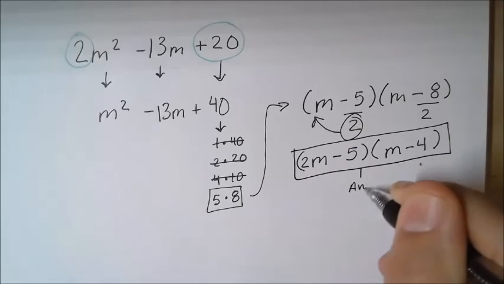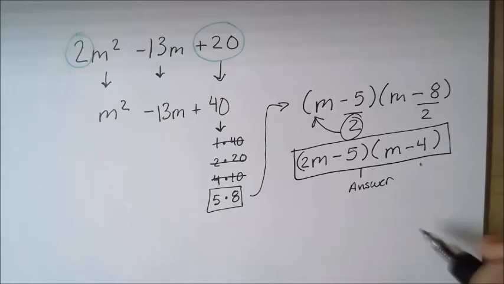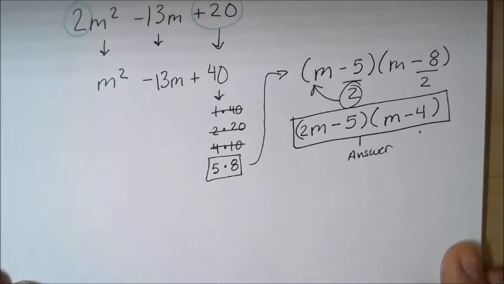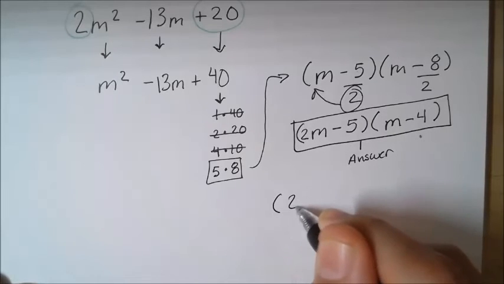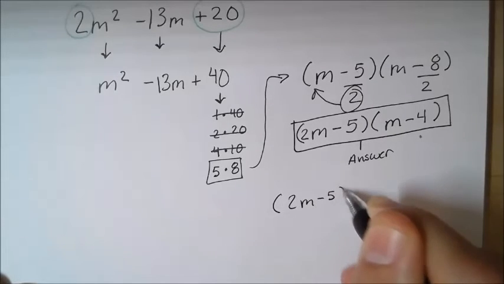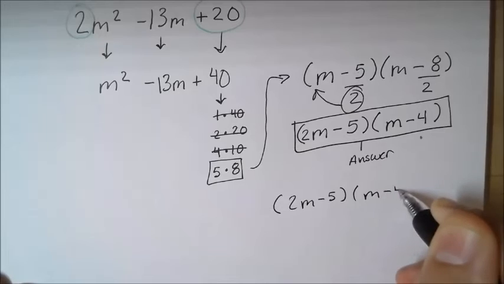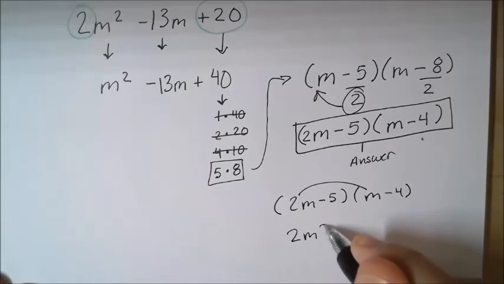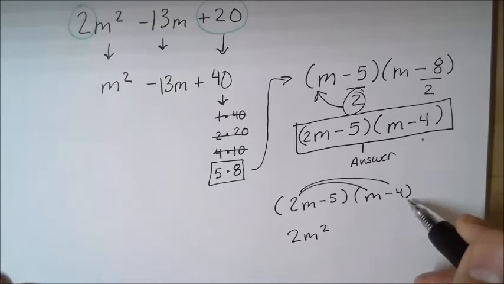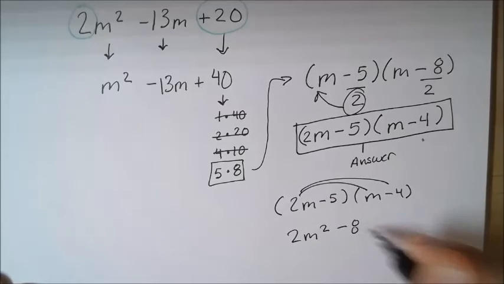So that's my answer. Now, do we want to check it? Well, we could. So let's check it. We could FOIL it real quick. We could say 2m minus 5 times m minus 4, and 2m times m is going to give me 2m squared. 2m times negative 4 is going to give me negative 8m.